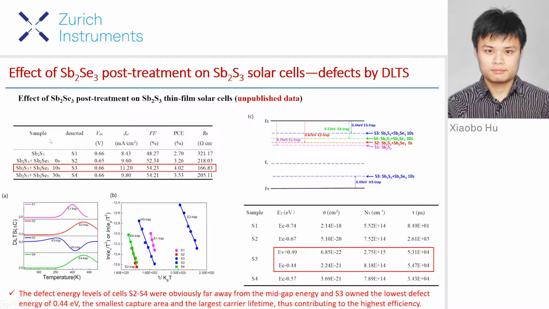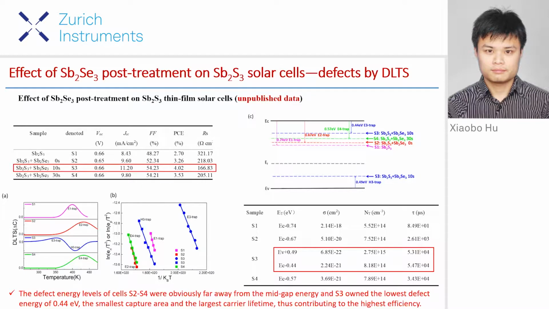There are 4 samples here named sample 1 to sample 4 with different thickness of antimony cyanide deposited on the backside of antimony sulfide.